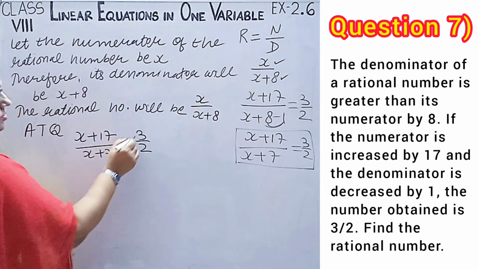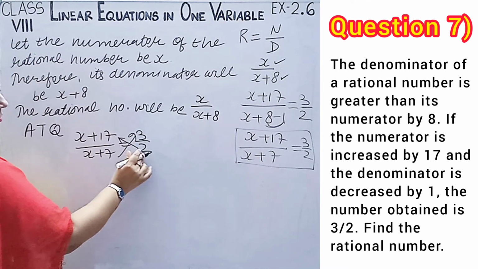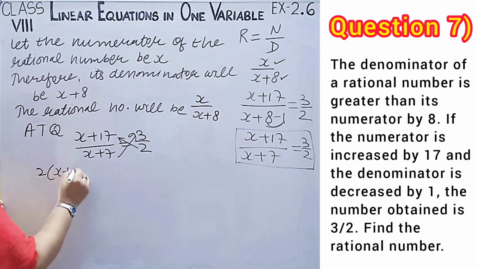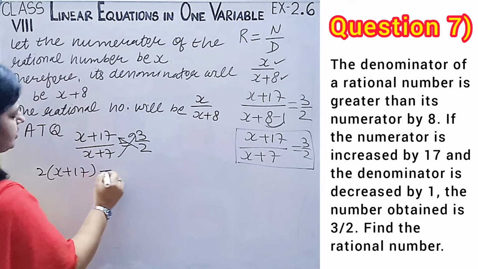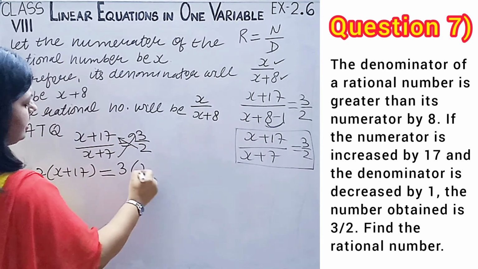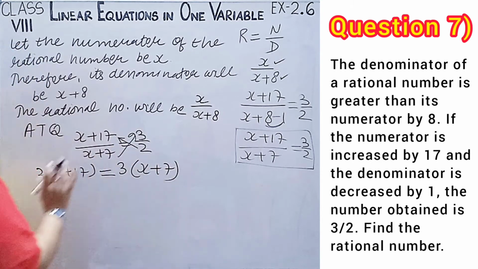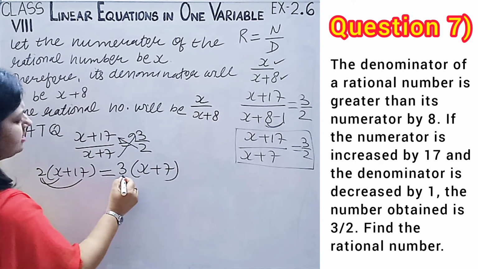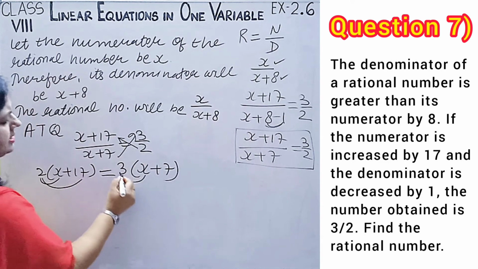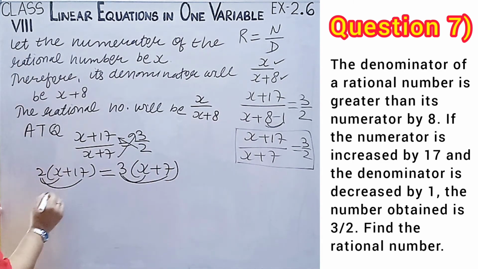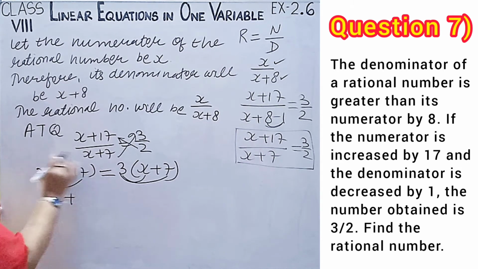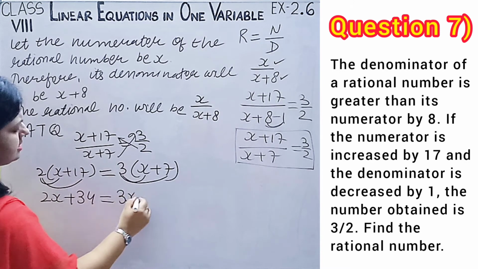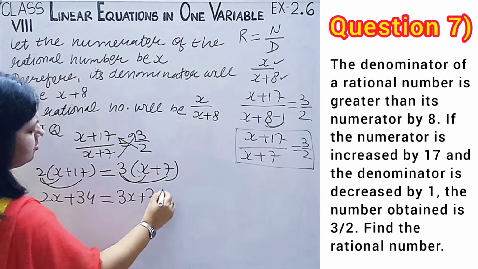The first step, we have to cross multiply. So 2 will be multiplied with x plus 17 and 3 will be multiplied with x plus 7. So 2 will be multiplied with x first, after that with 17. 3 will be multiplied with x, after that with 7. So 2x plus 17 twos are 34 is equal to 3x plus 3 7s are 21.